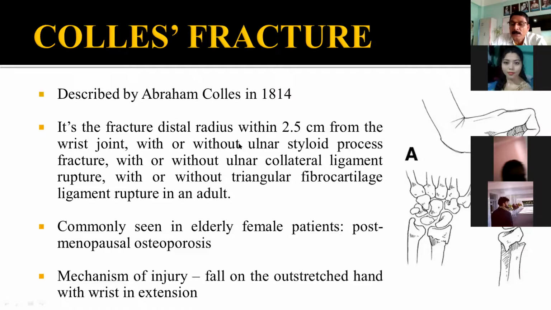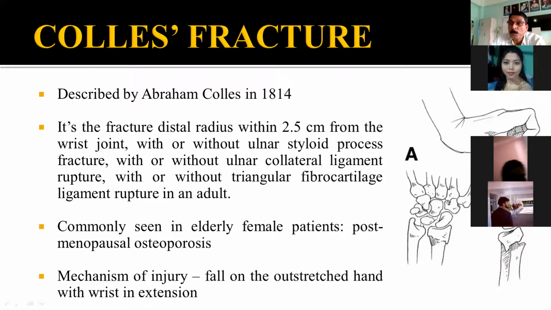That means your ulnar styloid process may get injured or may not get injured. That is 1 point. Number 2, the ulnar collateral ligament may also be injured. The ulnar collateral ligament is nearby. You have the radial collateral ligament and the ulnar collateral ligament, which may also get injured sometimes. Or sometimes there is the triangular cartilage. Your ulnar styloid process may be injured sometimes, may not be injured, and the triangular cartilage located here may also get injured.